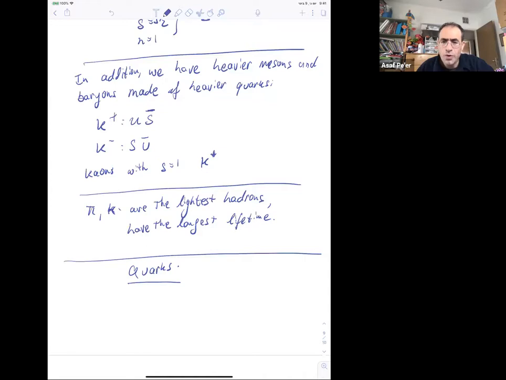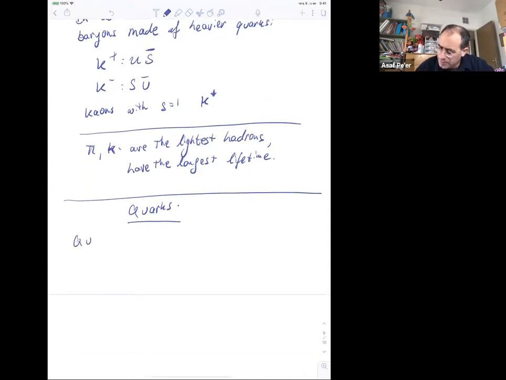Now, the reason why we do not see quarks, let me just write it down: quarks do not appear as particles in nature.